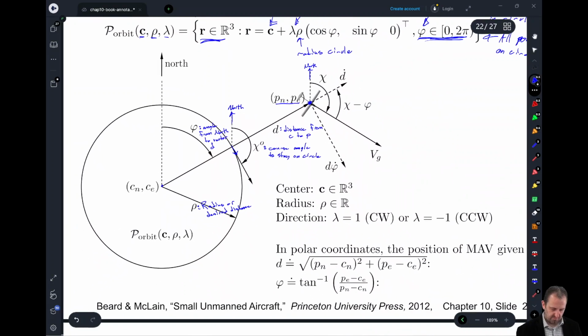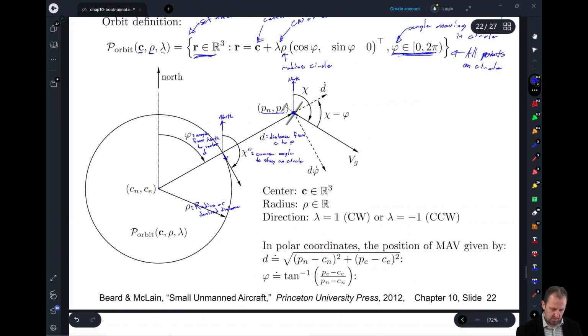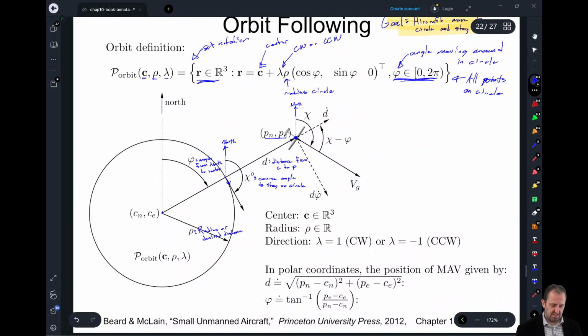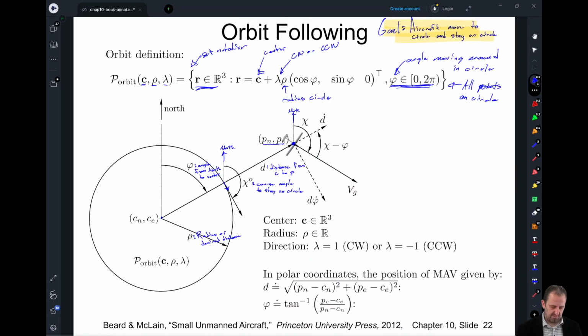Well, it's not the vector d, but to this vector that points to the aircraft. Okay, so there we have the definition of our orbit.